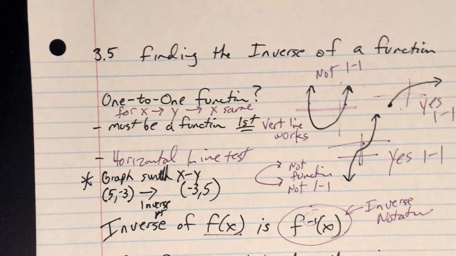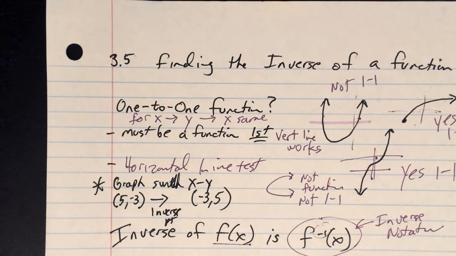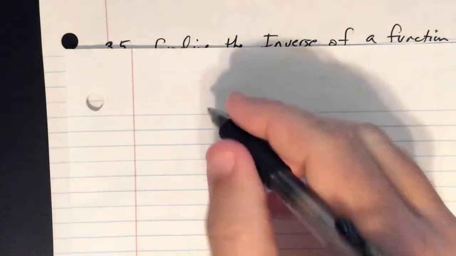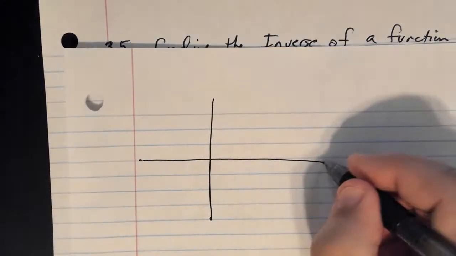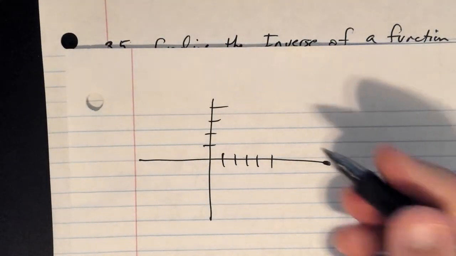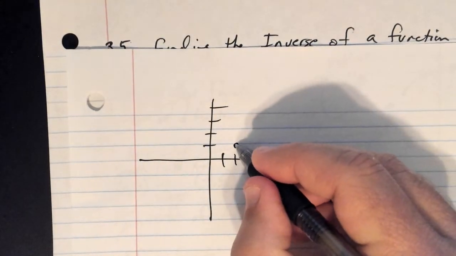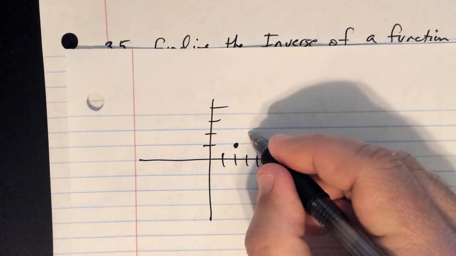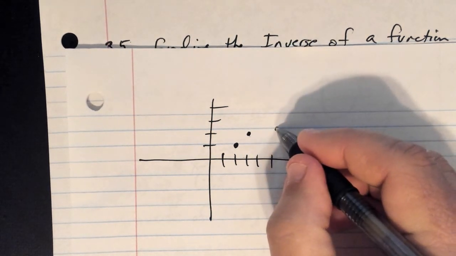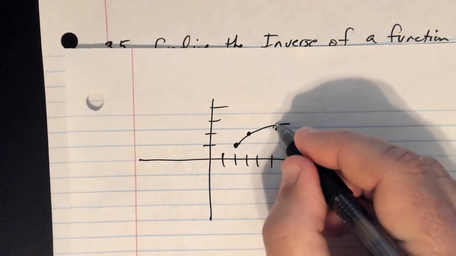To give you another example, if we have a graph, and let's say we have a point here, and we have a point here, and we have a point here.